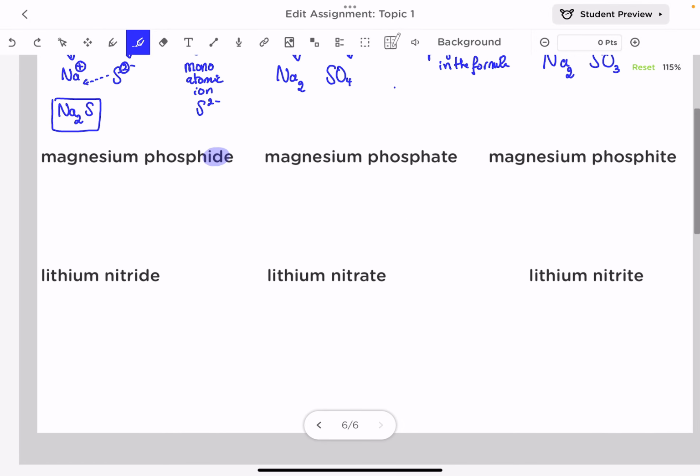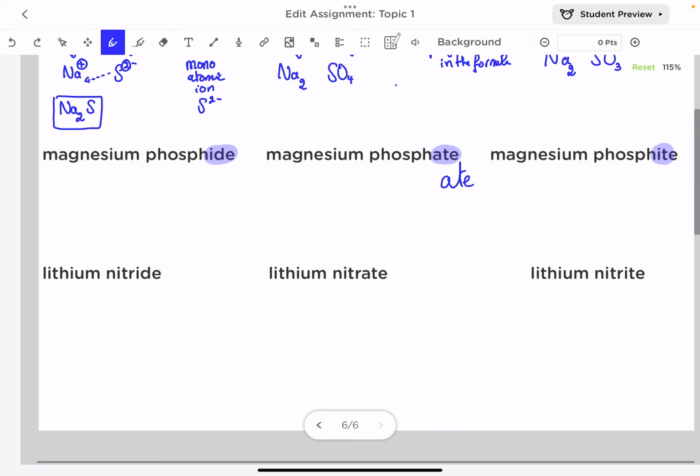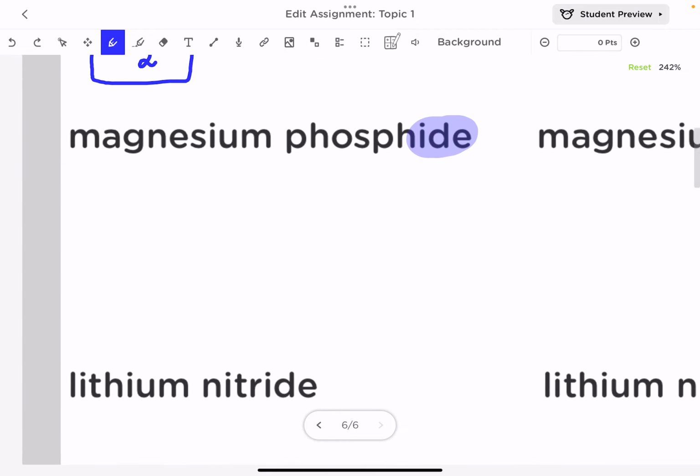Magnesium phosphide, magnesium phosphate, and magnesium phosphite. As I mentioned above, ate and ite represent a polyatomic ion, whereas phosphide represents a monoatomic ion, which is the phosphorus that belongs to group 15, having a 3 minus charge. Magnesium belongs to group 2, so it will have a 2 plus charge.